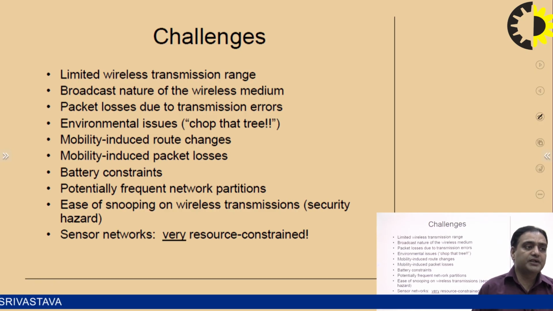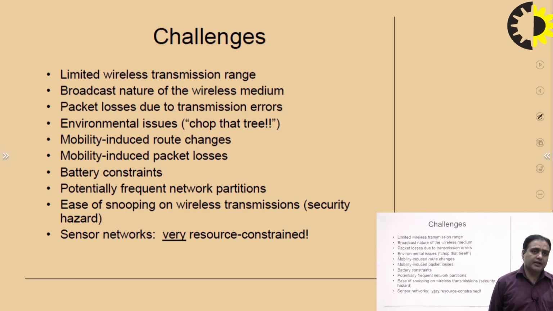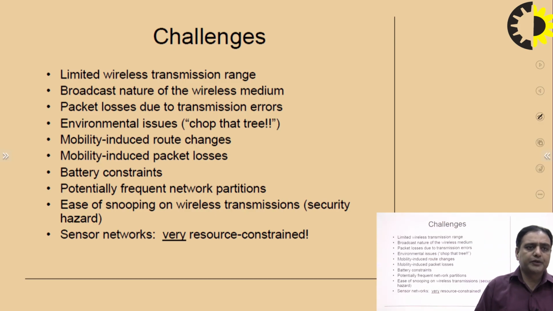Transmission errors mean hardware issues. If the fiber is cut or the radio link breaks, then the packet loss is very high. This is known as transmission errors.